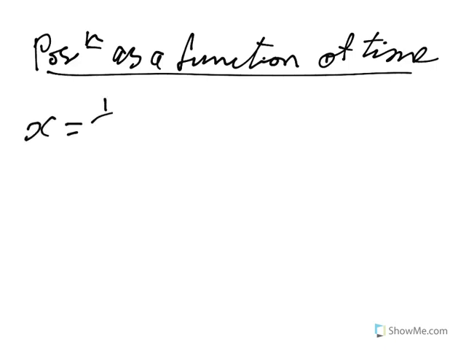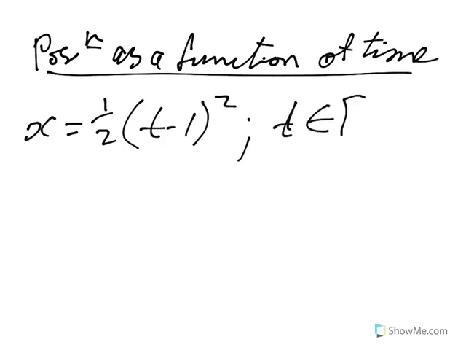X equals a half of (t minus 1) squared, where t is between 0 and, say, 5. Alright, so as you can see, there's our time, there's our position. So this tells us what the position is at any time.